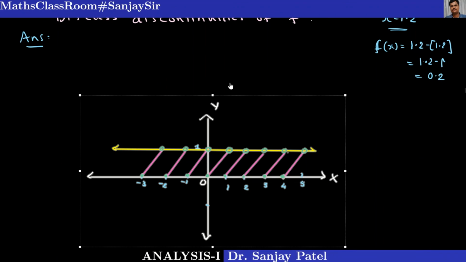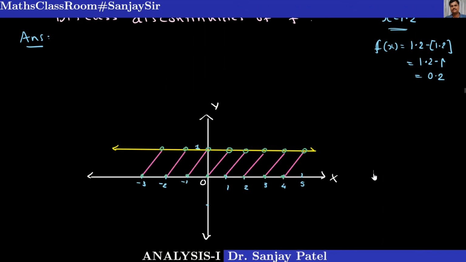This is the graph of the function. All values of the function lie between these two limits, y equal to 0 and y equal to 1. So the function consists only of these pink lines, remember that. This yellow line and the other things are not part of the function.